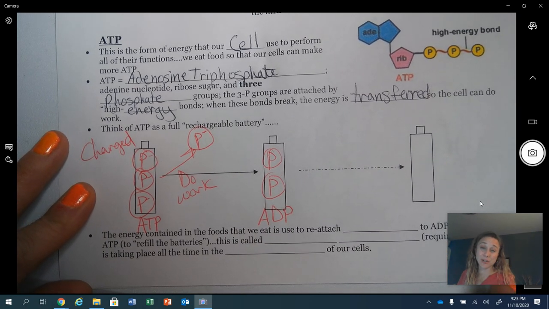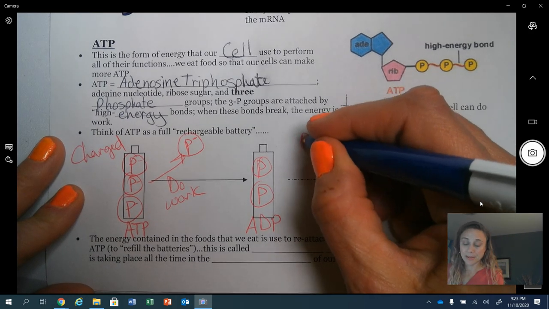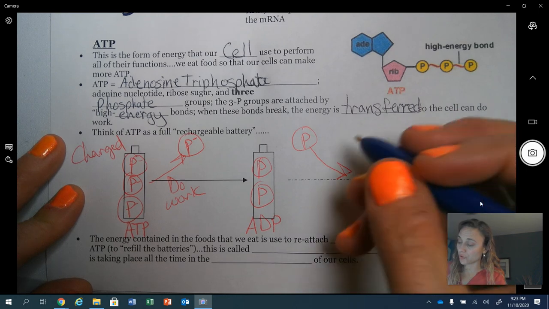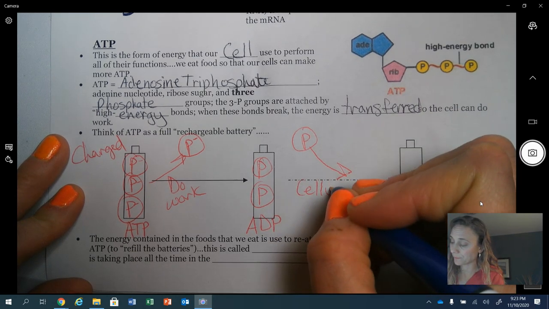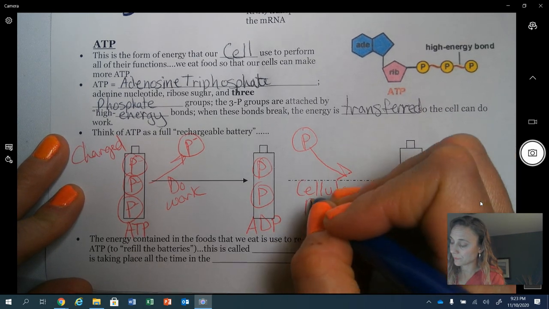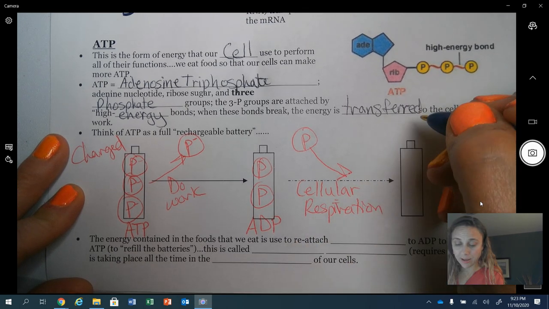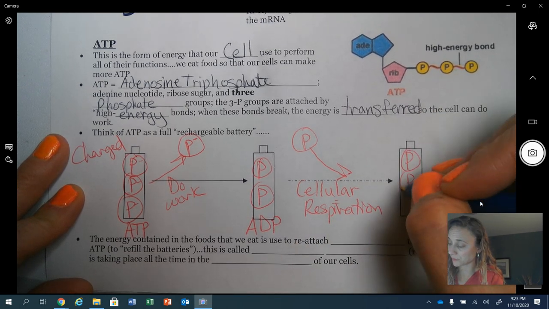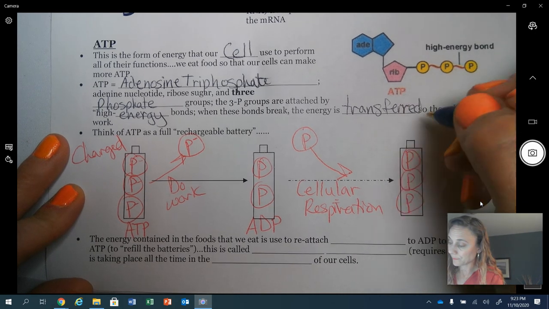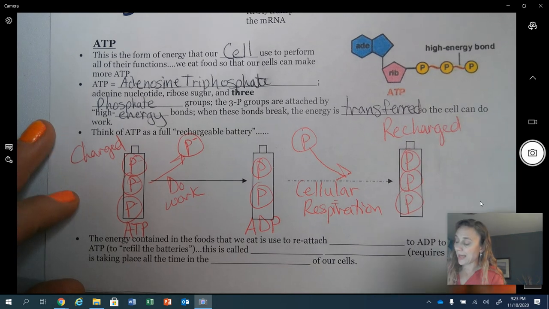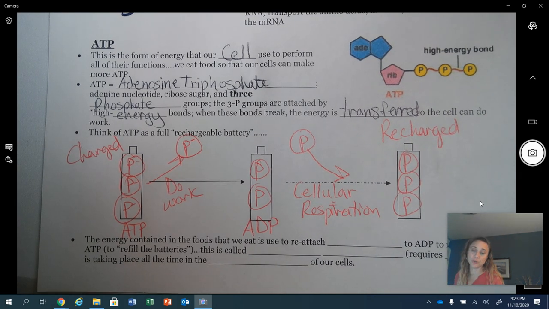And then it takes cellular respiration for a phosphate to get added back to recharge. So that's cellular respiration, and then we're going to have the 3 phosphate groups again. So it's recharged, and ADP could be considered uncharged.